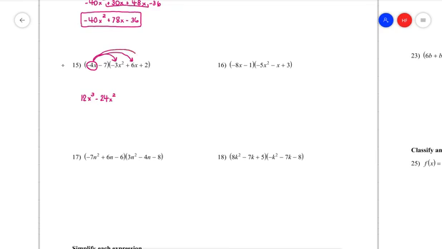And negative 4x times 2 is negative 8x. Negative 7 times negative 3x is a positive 21x squared. Negative 7 times 6x is negative 42x. And negative 7 times 2 is negative 14.